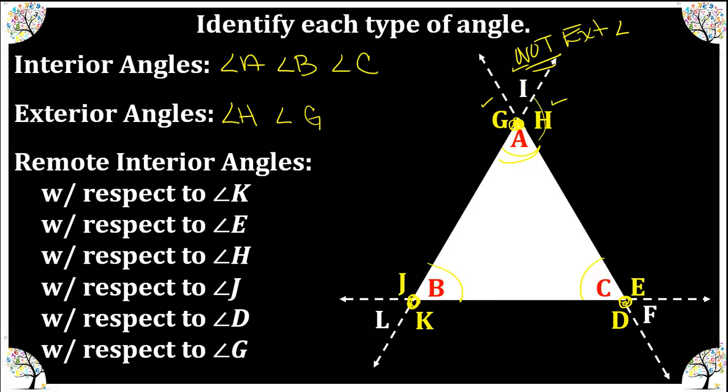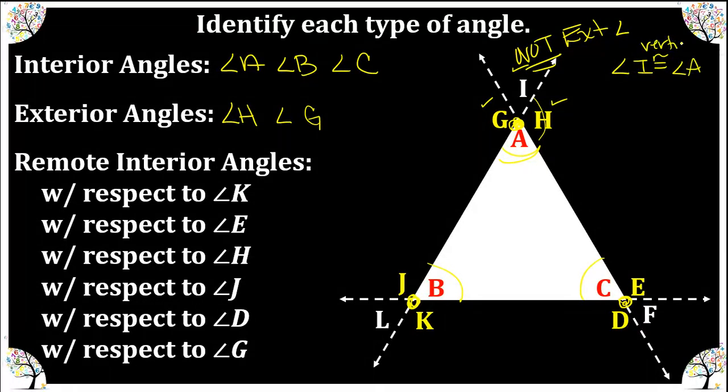I is simply vertical to angle A, and they are congruent. So angle I is congruent to angle A because they are vertical angles.